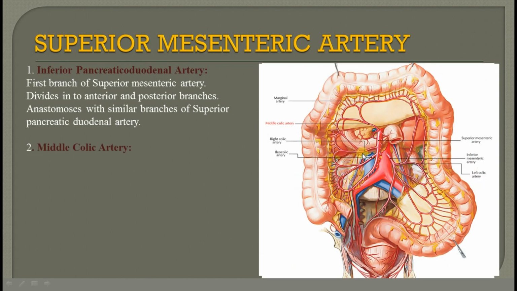Then, the middle colic artery. This artery is actually the middle colic artery. It enters within the two layers of the transverse mesocolon. Because it enters the two layers of transverse mesocolon, if you are going to explore or open the transverse mesocolon, it is always advisable to do it on the left side rather than the right side, because there is a chance of ligating or injuring this artery.